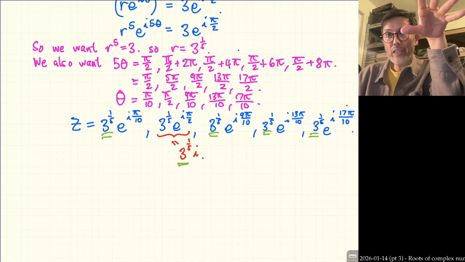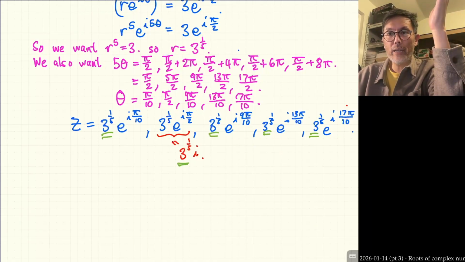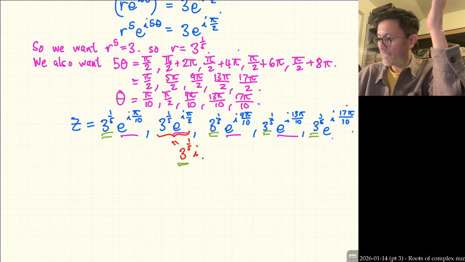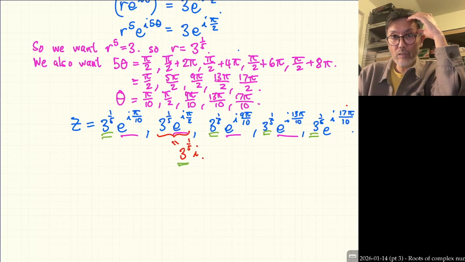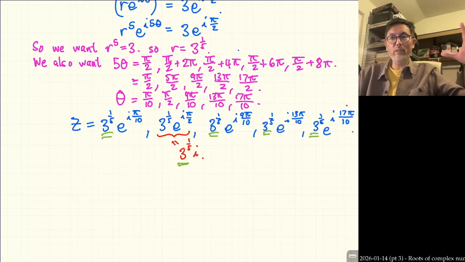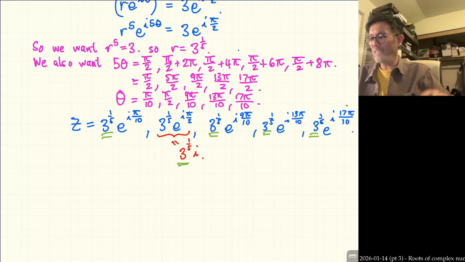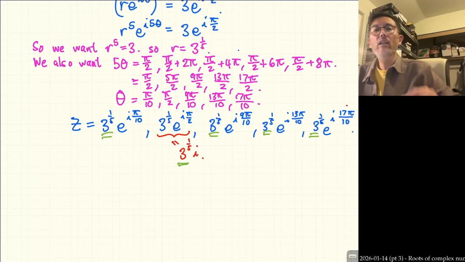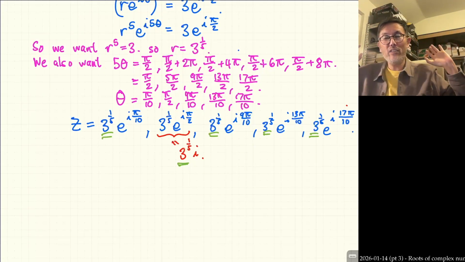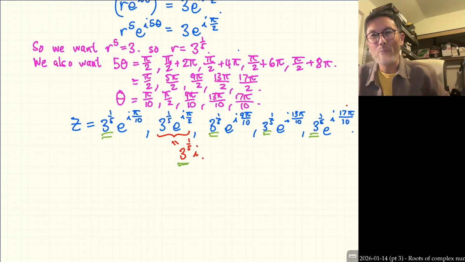And not only that, but because we've talked about it, these exponentials are all on the unit circle. So the modulus of all 5 of these fifth roots of 3i live on a circle of radius 3 to the 1/5 power.